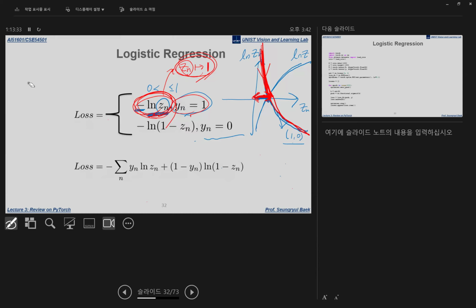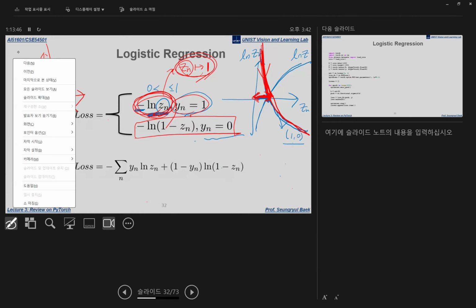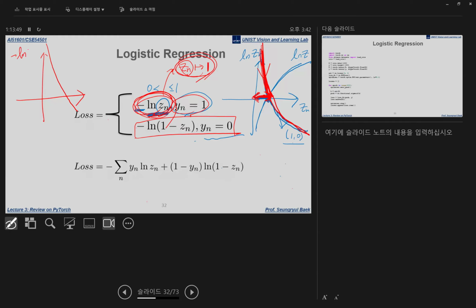And the same thing happens in this part. So let's say minus ln 1 minus gn. You can think this is the loss function for this minus ln 1 minus gn term. Then gn is also bounded to the 0 and 1 range, okay?